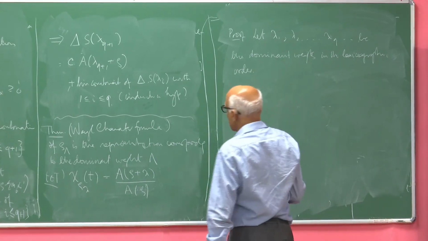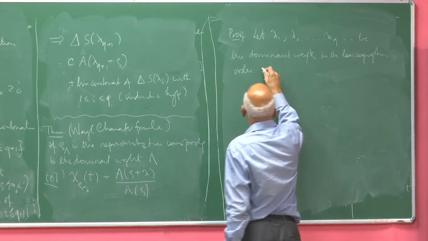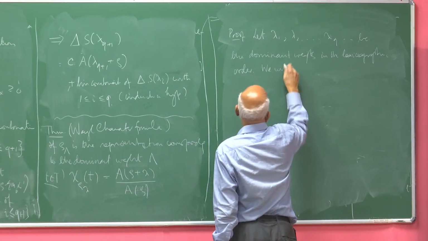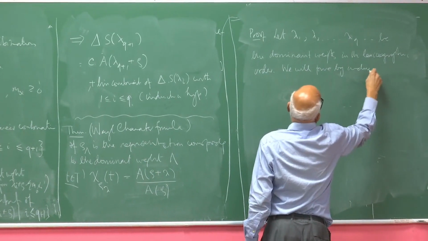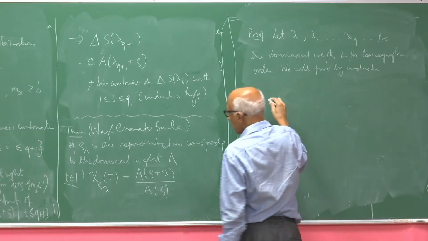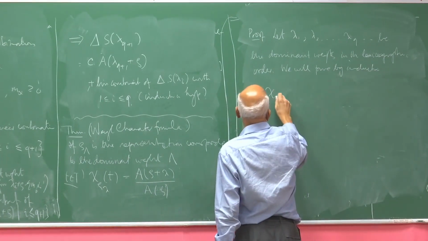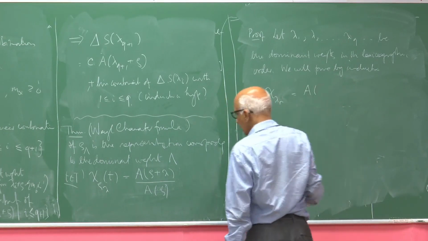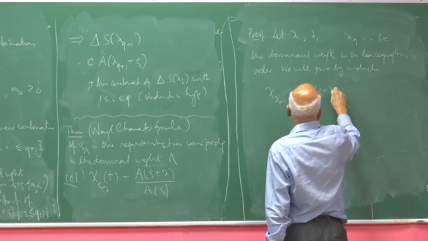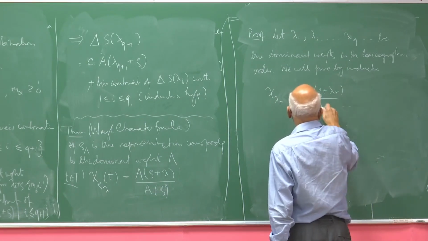Then we will prove by induction that chi lambda r equals A of rho plus lambda r divided by A rho.